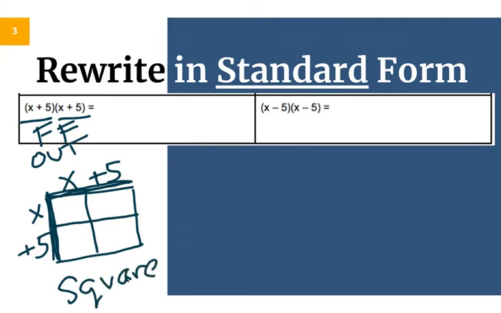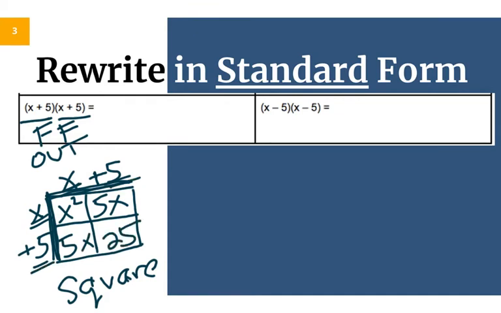Whenever you have identical side lengths, the length and the width are the same, that is a square, what we would call a perfect square trinomial. All right? So let's see what's inside this thing. x times x, x times 5, 5 times x, and 5 times 5.